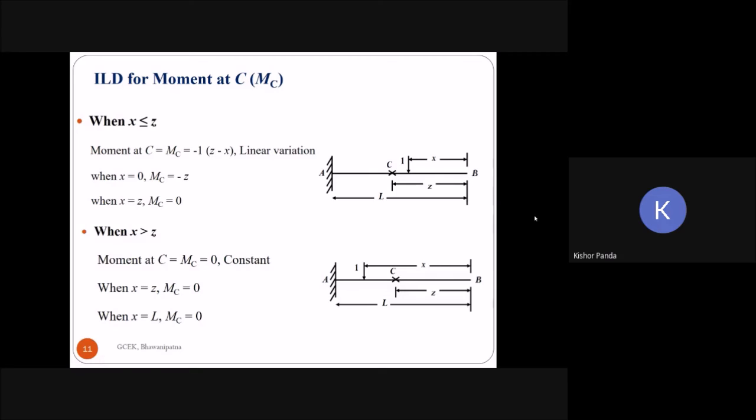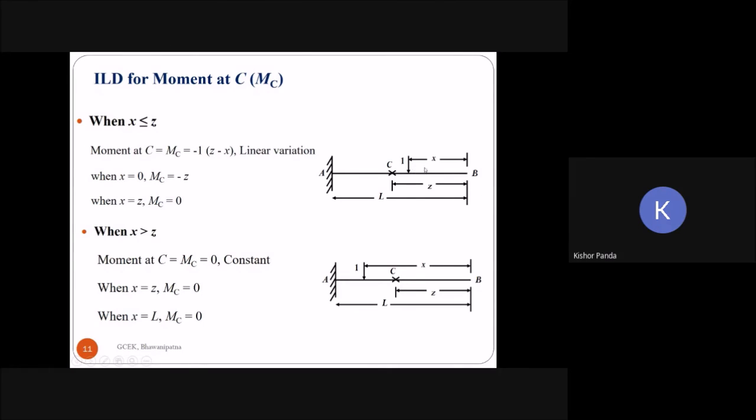This is the cantilever beam, length L, and this is the point C at a distance Z from B. Here you have to take the unit load between B and C and between A and C. That is, when X is less than Z, you take the unit load and find out the MC value. When X is greater than Z, you find out what is the MC. Then you draw the influence line diagram.